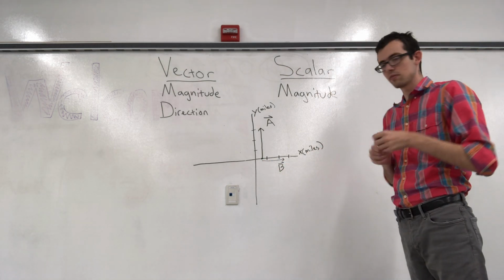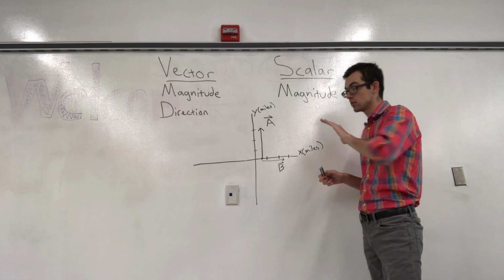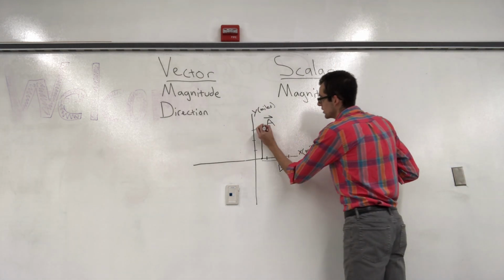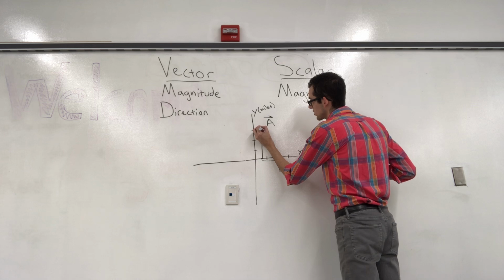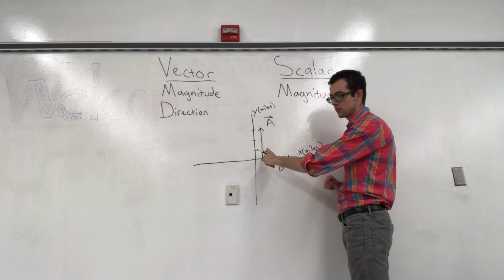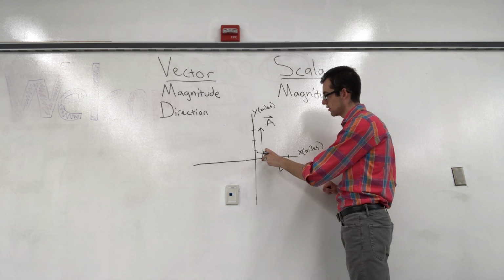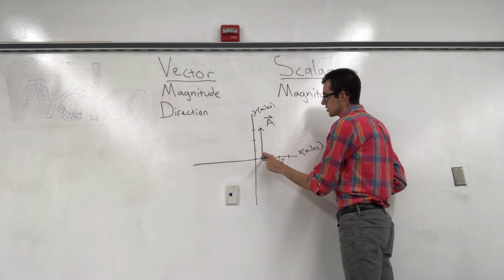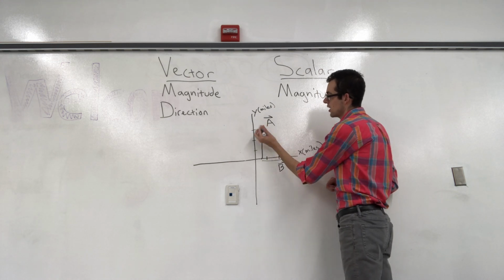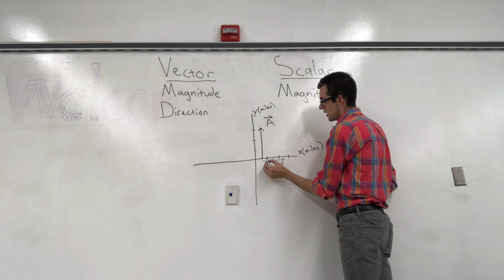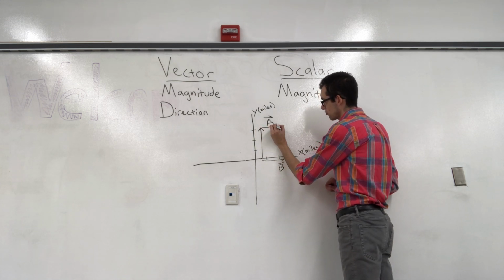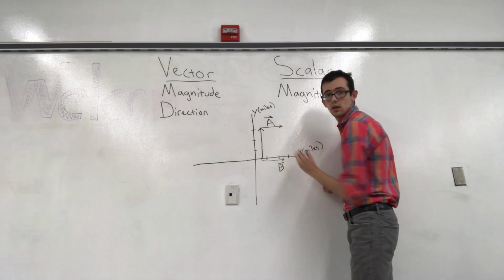Now, whenever we're adding vectors together, the easiest way to do it and to find what we call a resultant vector is to start from the tip of the first vector. So this is the tail of A, the tail of the vector, and then the tip up here. Then we start at the tip of this vector, and we're going to add on this vector B. So there we go.